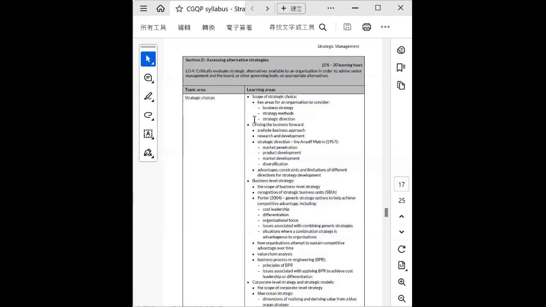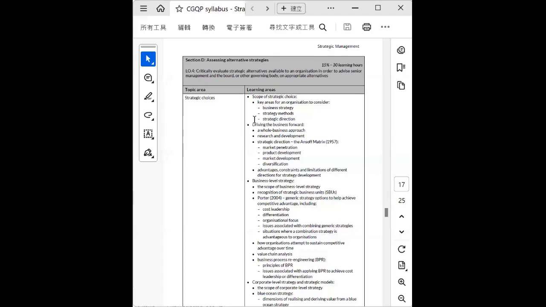Strategic directions basically refers to the path where you choose to achieve your goal, just like market penetration, product development, market development, etc. So these are the Ansoff matrix. It's about the different ways to penetrate into the market.